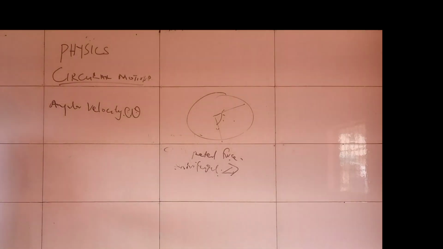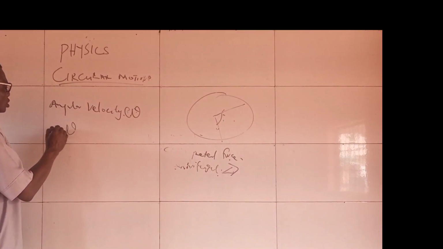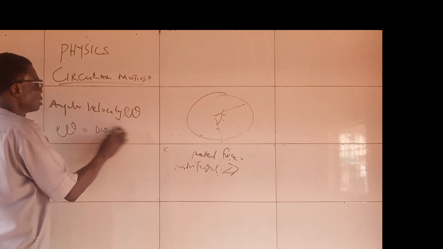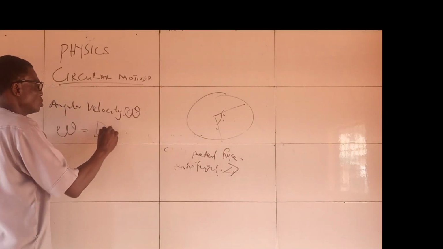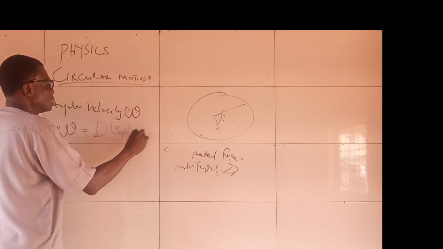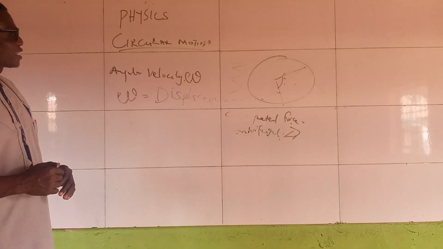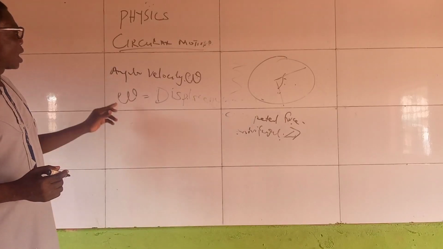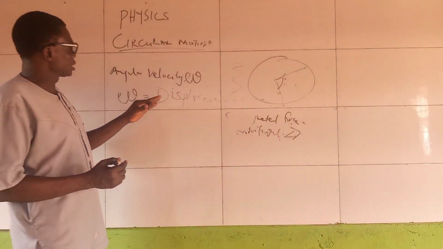So, we know that velocity is displacement over time, which means the angular velocity mu is equal to angular displacement over time. As I said, we are looking at angular velocity and angular displacement.